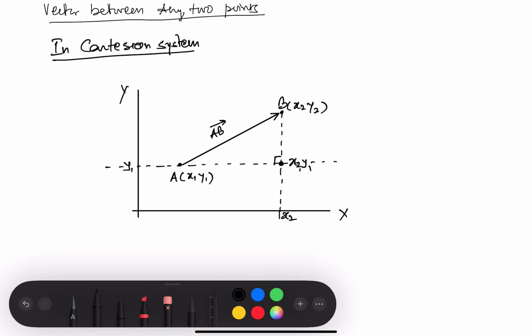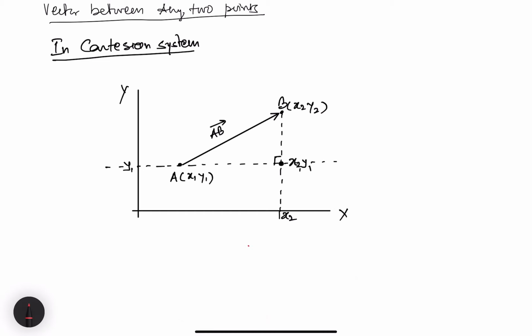Now I can use the triangle law and draw my two vectors. What could be my two vectors? Let me call this point P. So I can have a vector from here to here. I can call this vector AP. Okay. And then I can draw another vector.